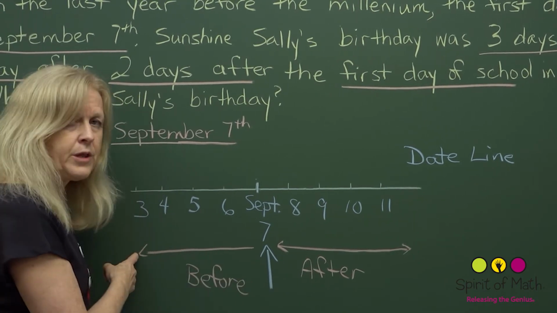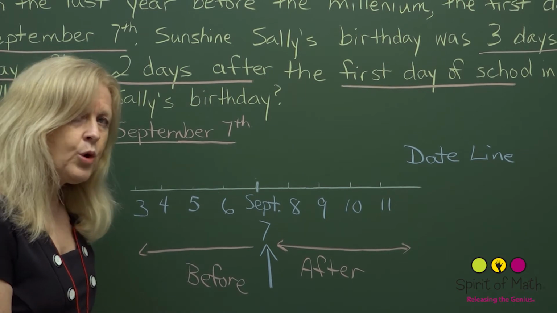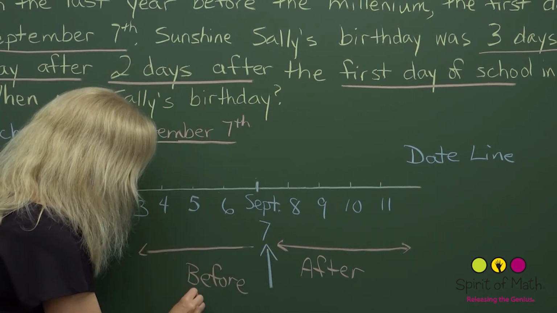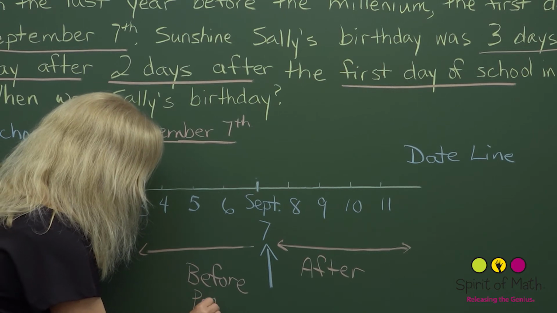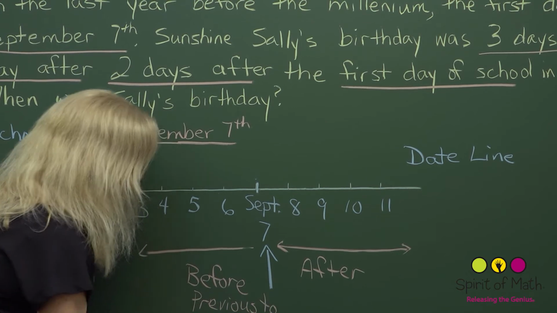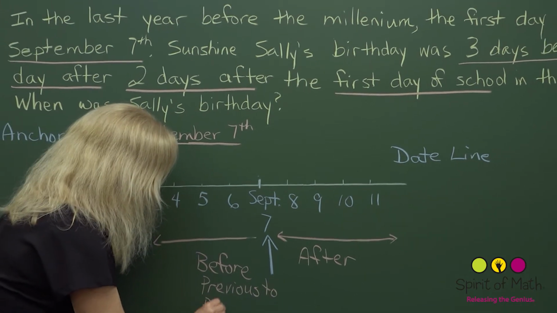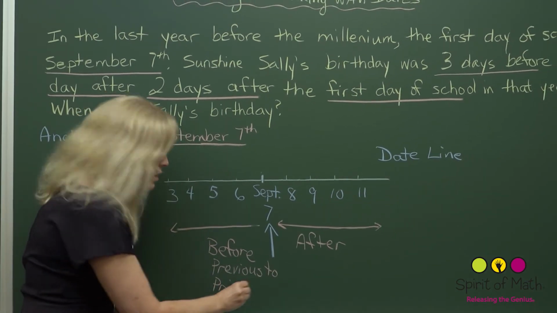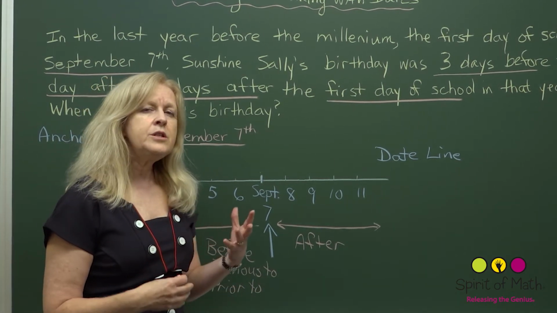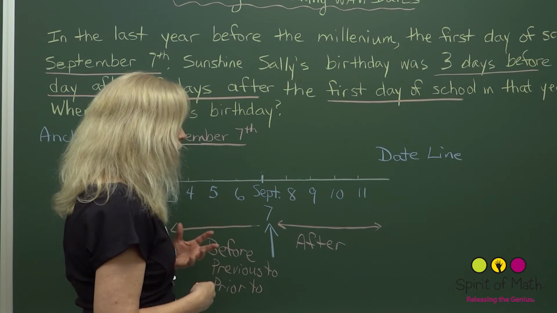Anything before that is called before. Other words that can be used if you want to do before is previous to that number or prior to that number.